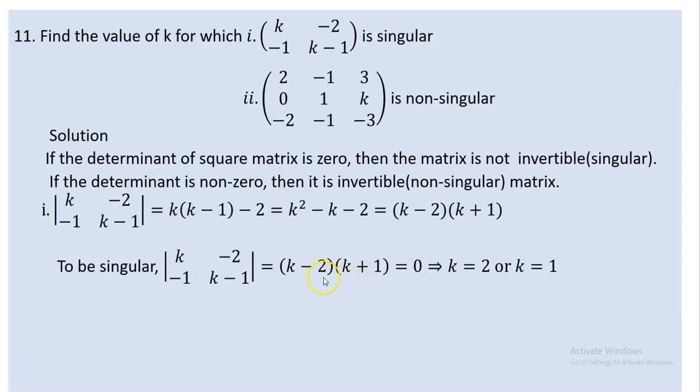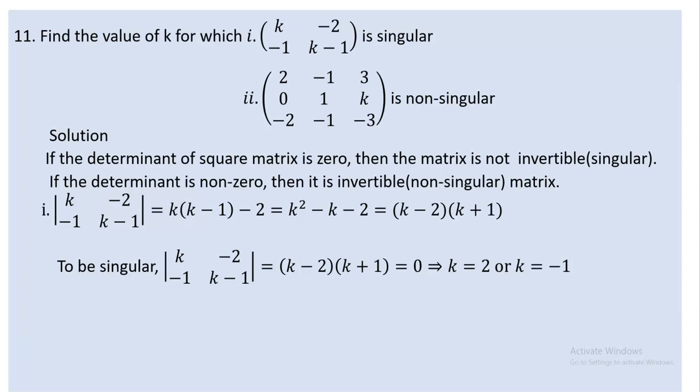Students, I wrote 1 here, let me just correct that right now. So either k needs to be 2 or k needs to be minus 1, because k minus 2 gets 0 when k is 2, and k plus 1 gets 0 when k is minus 1, okay?